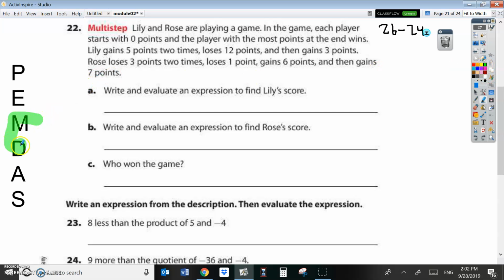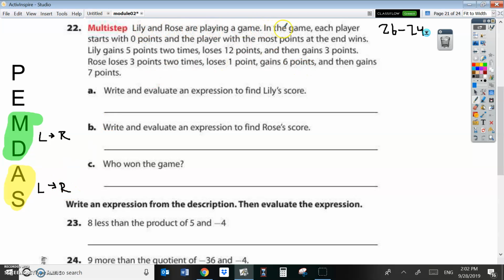Multiplication and division come before addition and subtraction. And remember to work left to right. And it's true for addition and subtraction as well.